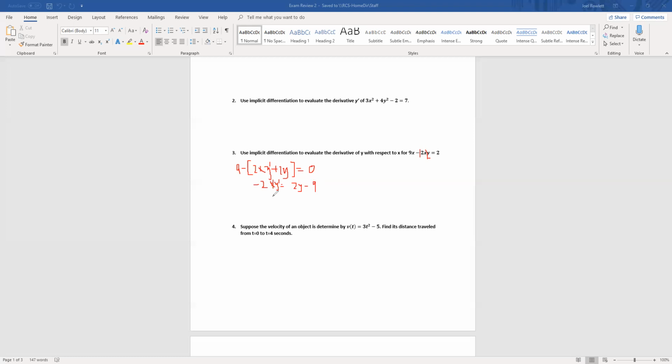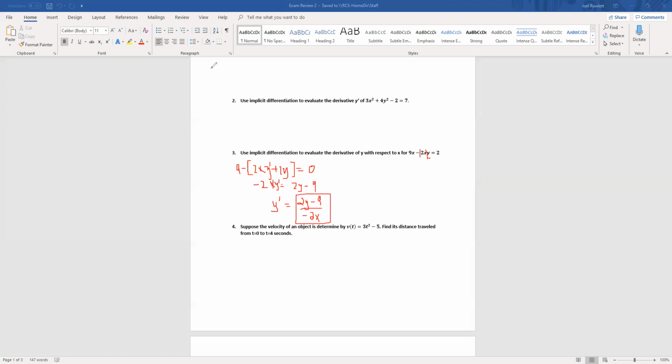And all I have to do now to get y prime by itself is just divide both sides by negative 2x. So again, you tell me what x and y are, and I'll plug those in, and I can give you the derivative at that particular point.